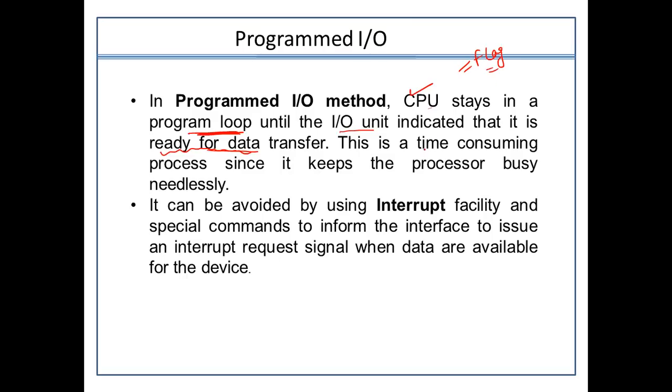So it is consuming a lot of the processor's time, because even if the data is available in the data register but the flag bit is not active, the flag bit is 0, your CPU has to keep its eye on this as well as on this flag bit only.